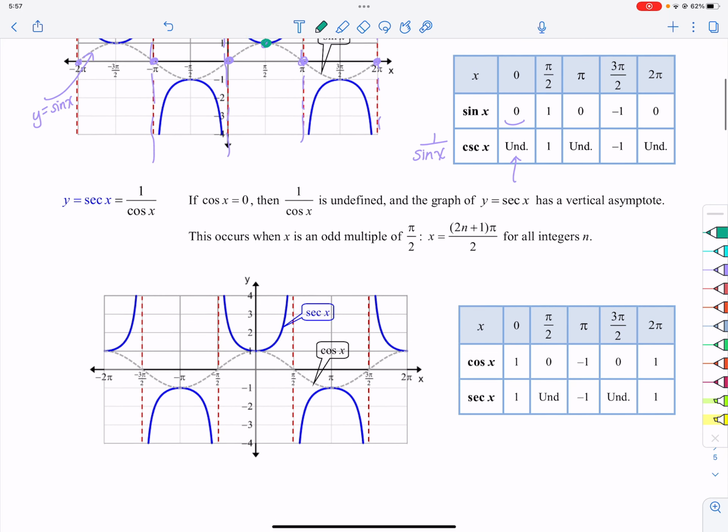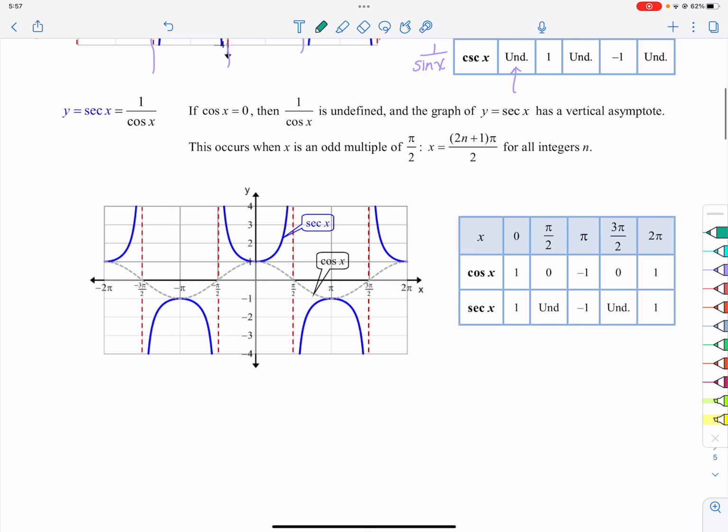Let's take a look at y equal to the secant of x. Again, we have that the secant of x is 1 divided by the cosine of x. So if this gray graph is y equal to the cosine of x, all of the zeros, or the x-intercepts of the cosine of x, now become the vertical asymptotes of the secant of x.